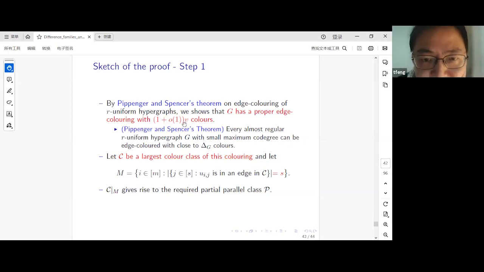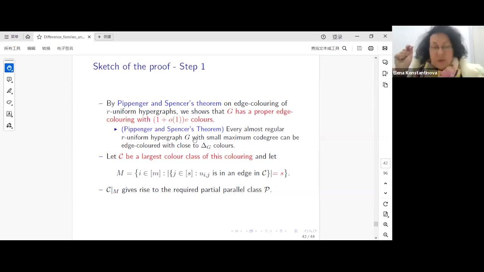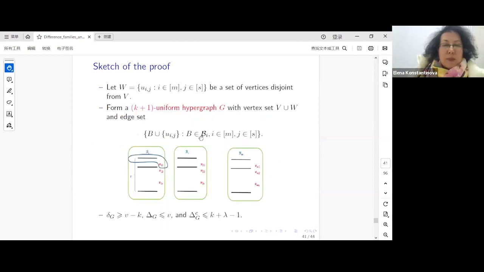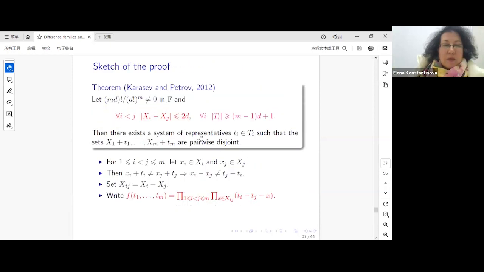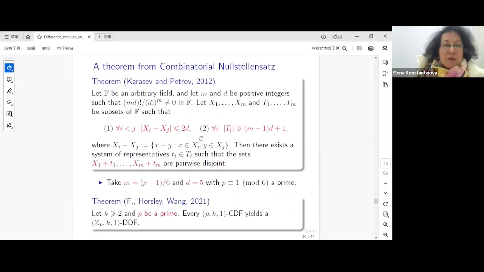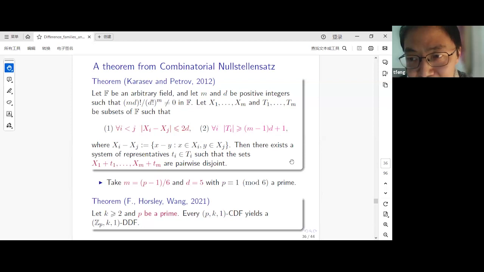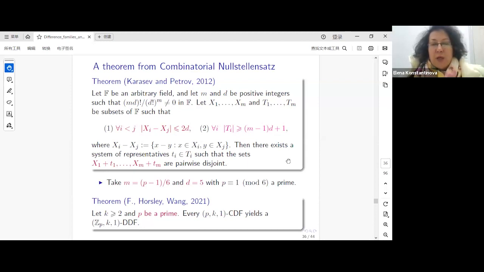You mean other applications in design or similar? No, the theorem by Karasev and Petrov, slide number 36. You use this theorem to prove your theorem, right? Which was first published in 2020. But are there any other applications of this theorem?